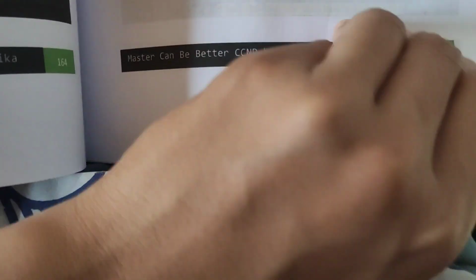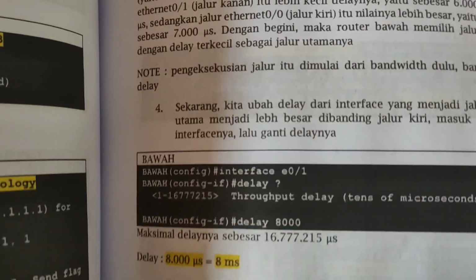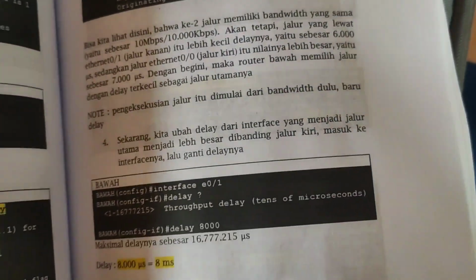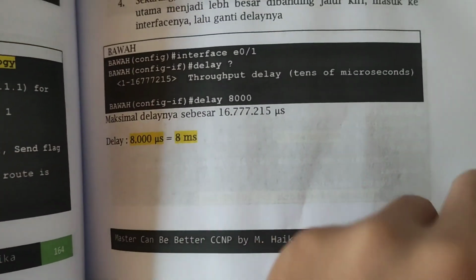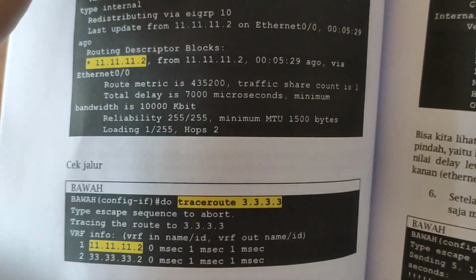So here you can change the delay to be very high. You can go to interface Ethernet 0/1 and then set delay. And then you can change the delay to 8,000. And then you can show again.